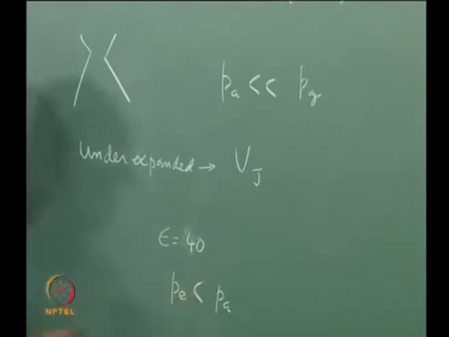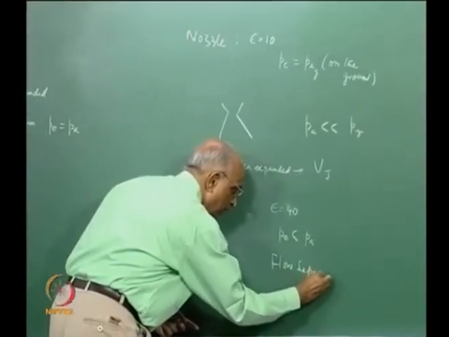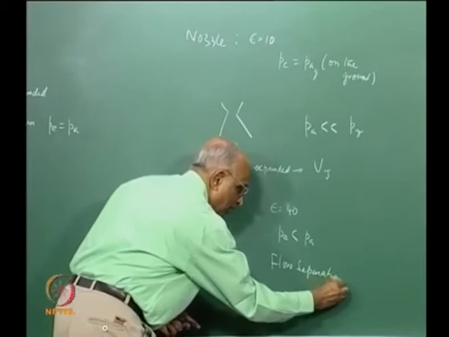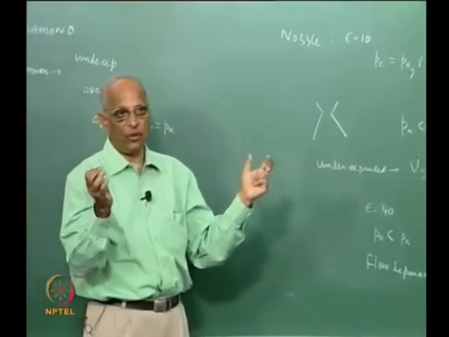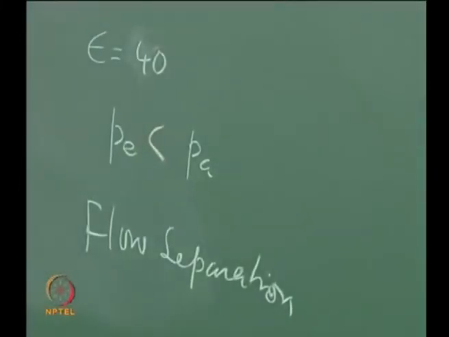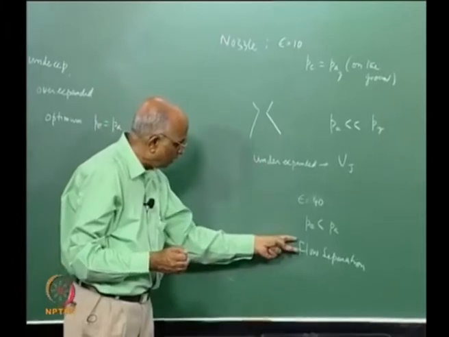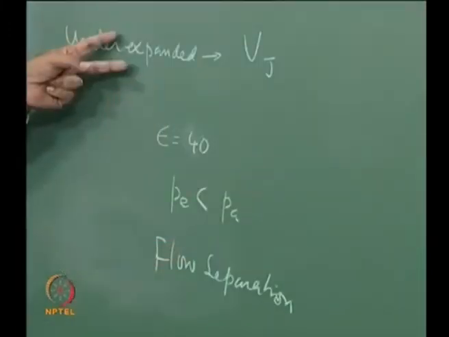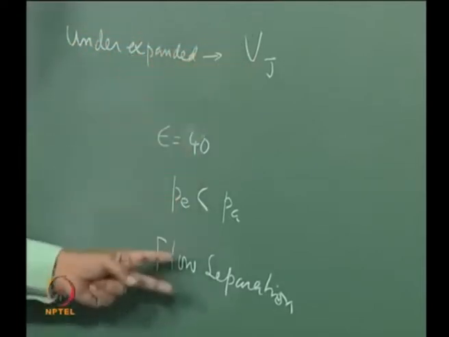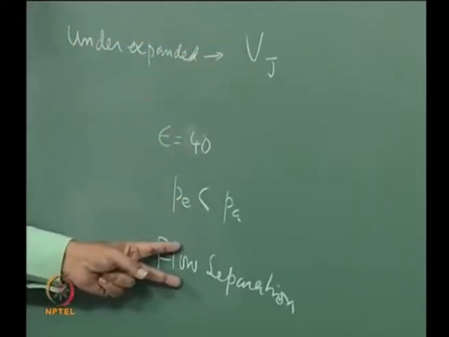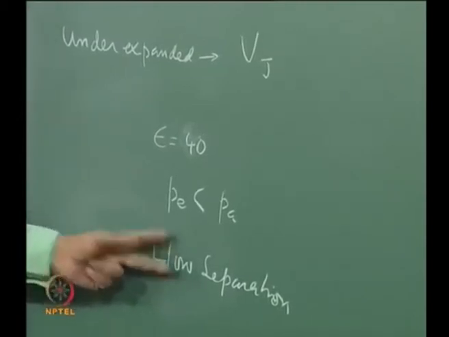Then in this case I will have flow separation, which is again not desirable, because I have shocks and asymmetric flow separation, or side loads on the nozzle. Therefore we find that in general we cannot live with under expansion because I lose jet velocity, but at the same time I cannot have over expansion because I cannot deal with flow separation also.